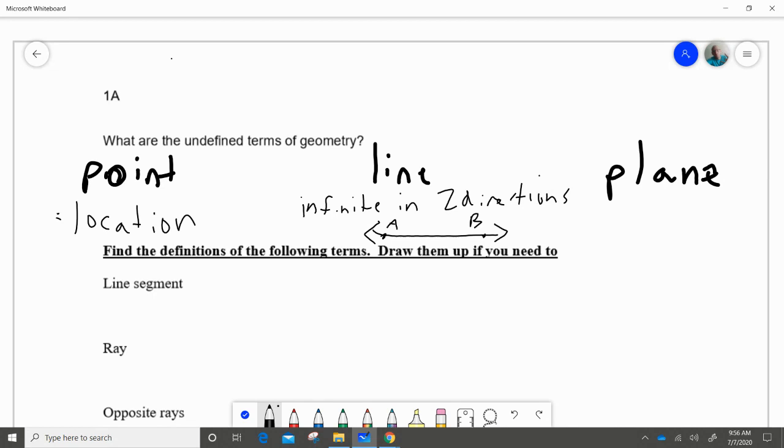A plane is a two-dimensional surface that extends infinitely.